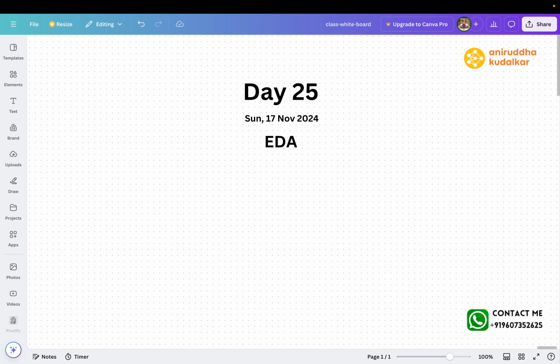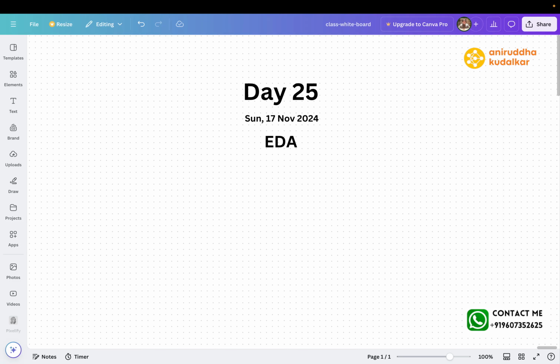Exploratory data analysis is to encourage the statisticians to explore the data and possibly formulate the hypothesis that might cause the new data collection and the experiments.